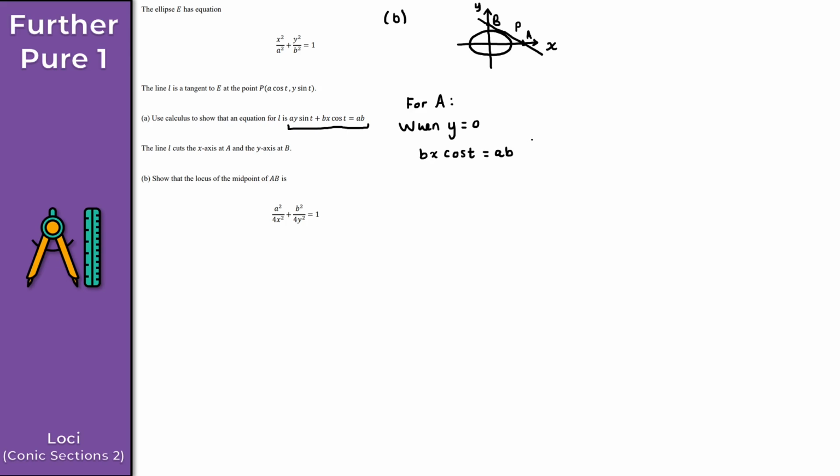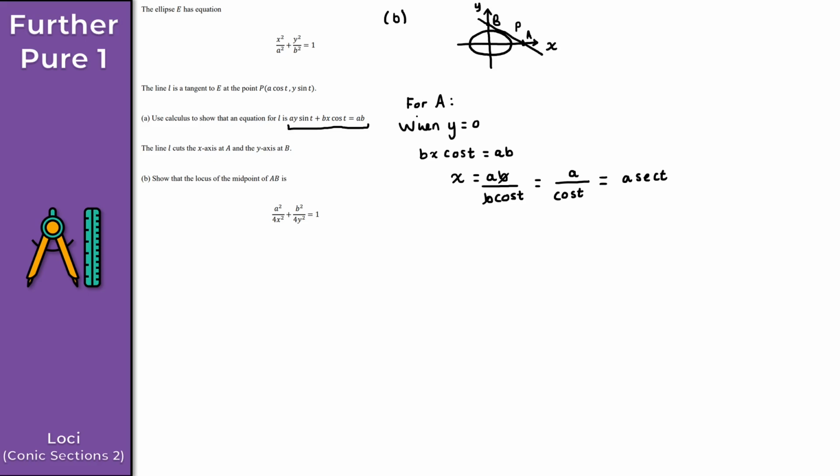All I'm going to do then is divide through by b cos t. So therefore x is equal to ab over b cos t. The b's will just cancel here like so. So that's a over cos t, which we could also just write then as a sec t here.